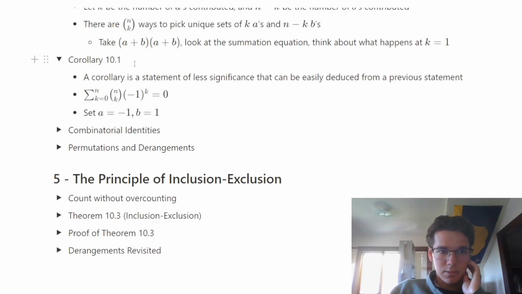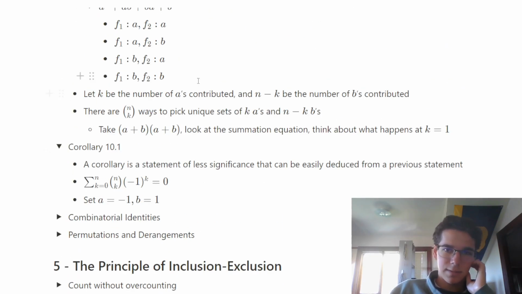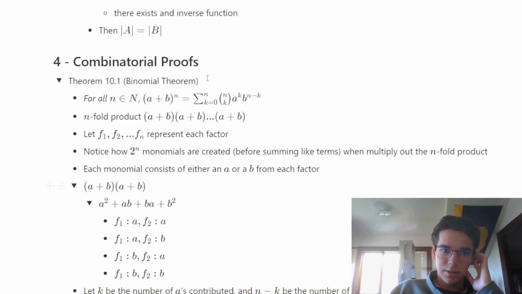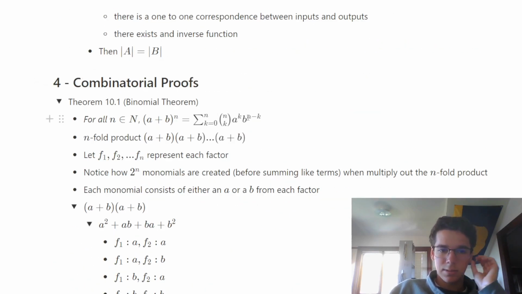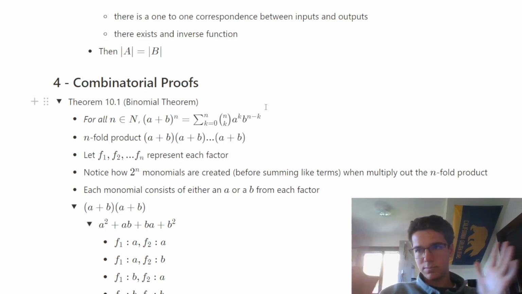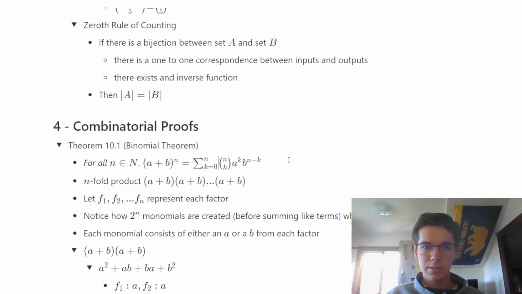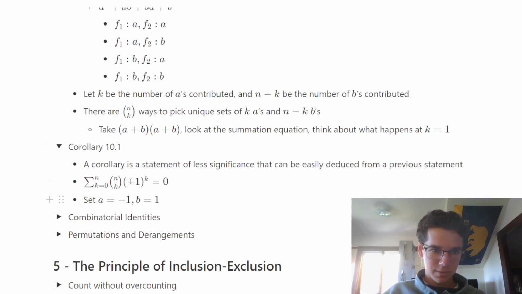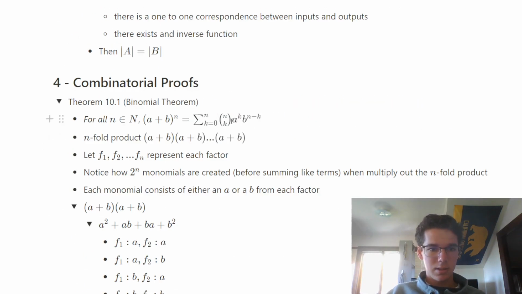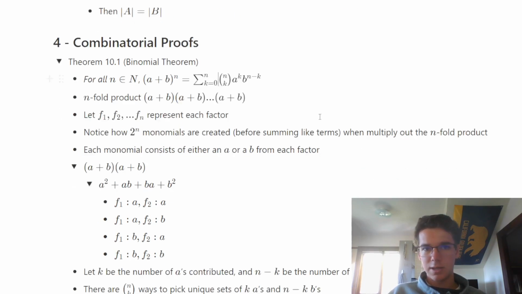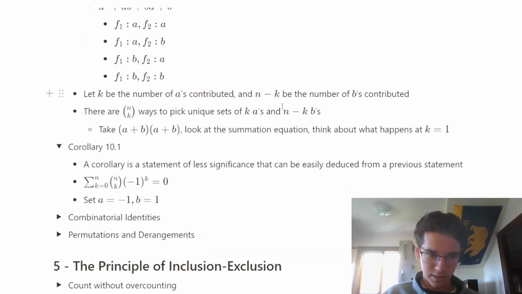So corollary 10.1, the significance of this is just to show how widely usable the binomial theorem is. If we wanted to prove this statement right here, we can simply plug in a equal to minus 1, b equal to 1, plug it into both sides, and we can easily get some numerical value.